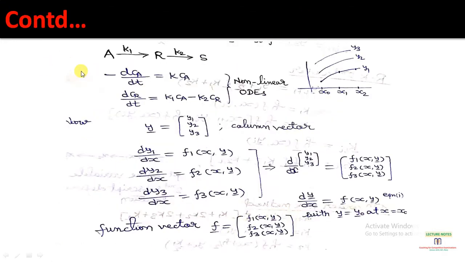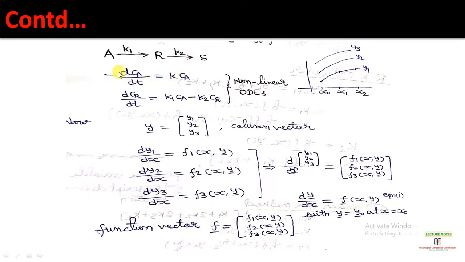Now we are writing a chemical reaction equation. In this reaction, reactant A is converted into R with reaction rate constant K1, and R is converted into S with reaction rate constant K2.